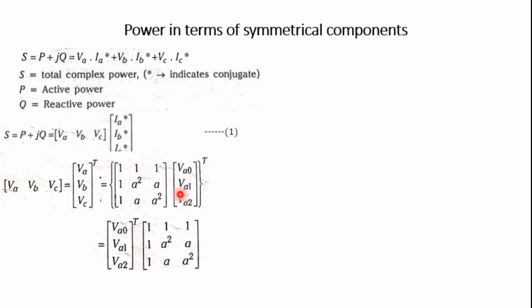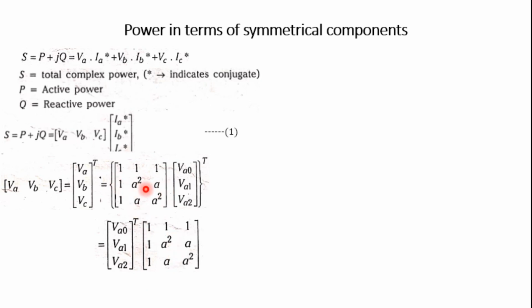And here you can see that when you do a transpose of the matrix, rows will convert into columns. So this is a 3 by 3 matrix. What will happen if you convert that? The first row will become the first column, the next row will become the second column.